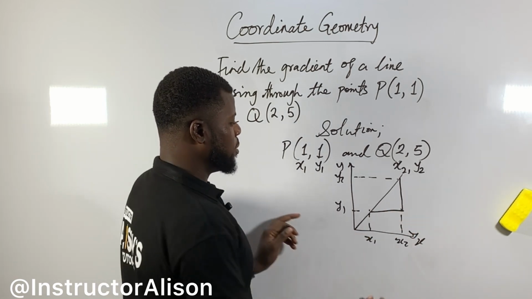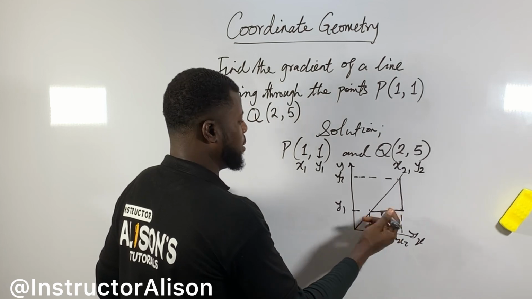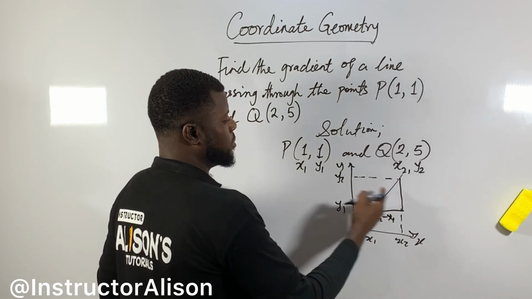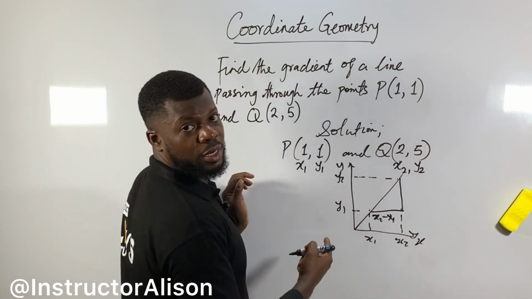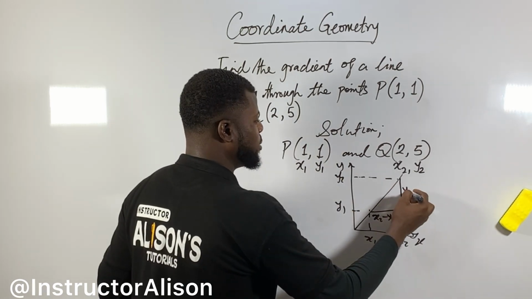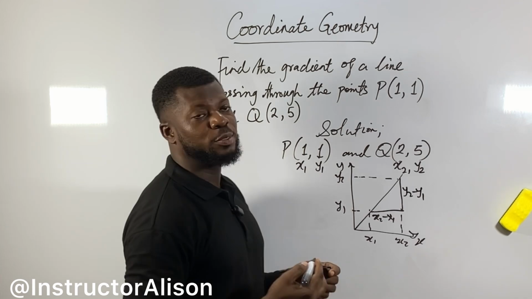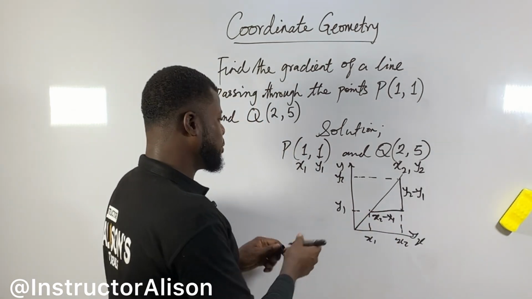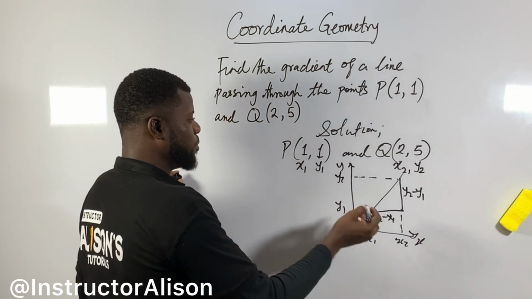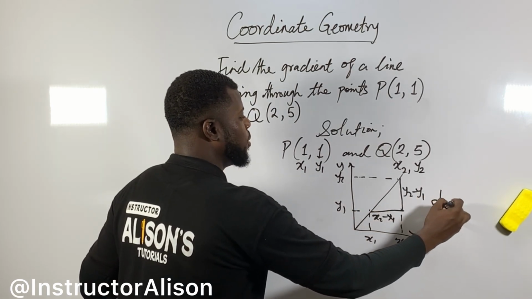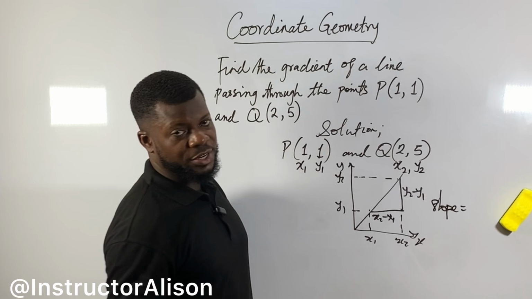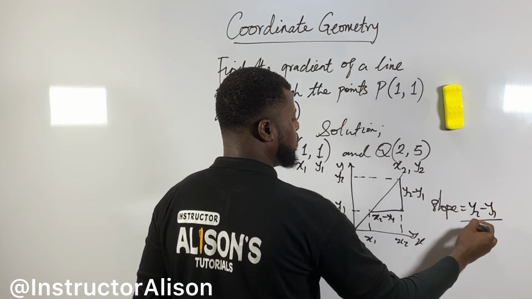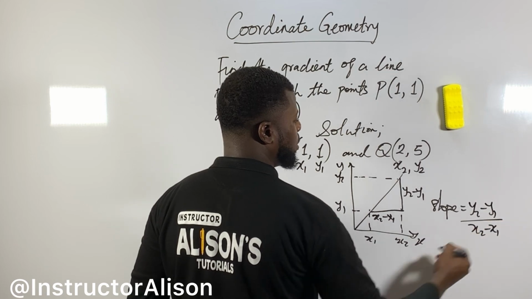So the difference here will be x2 minus x1, and the difference here will be y2 minus y1. So if you want to get the slope, another name is the gradient, the slope will be y2 minus y1 over x2 minus x1.